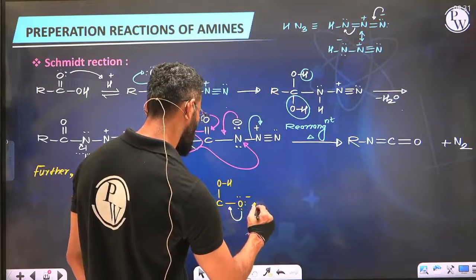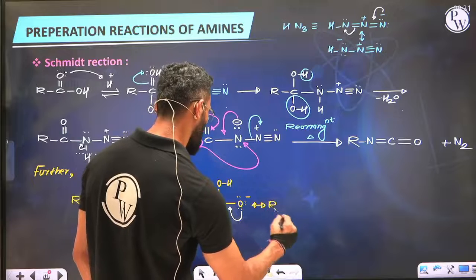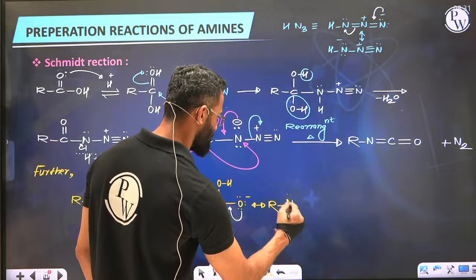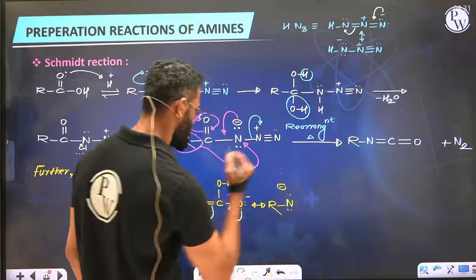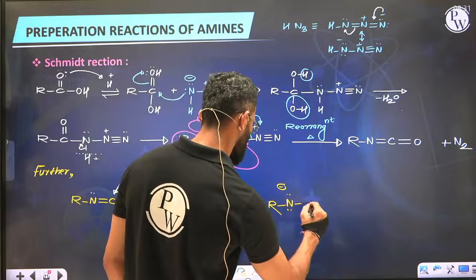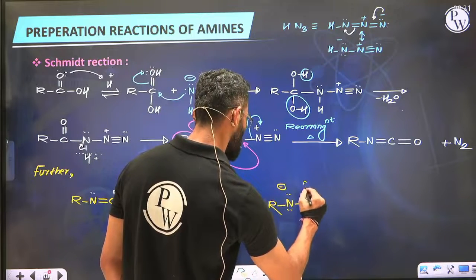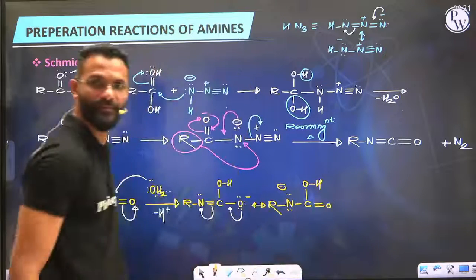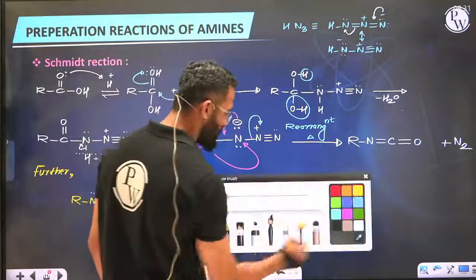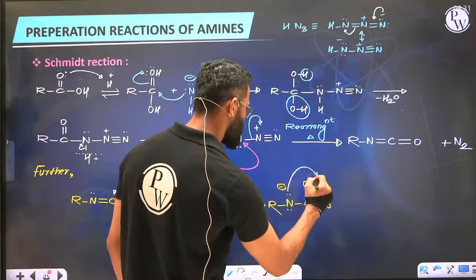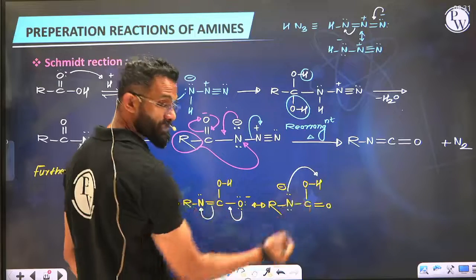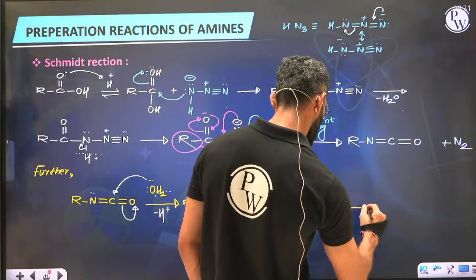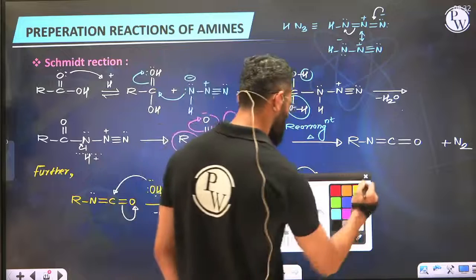So as a resulting structure, we are getting R, N carrying 2 lone pair on it, the negative charge bonded to C, single bond OH, double bond O. Now this will undergo intramolecular proton transfer where electron rich nitrogen will accept this H, and we will be getting, well, so we'll just mention that this is proton transfer.